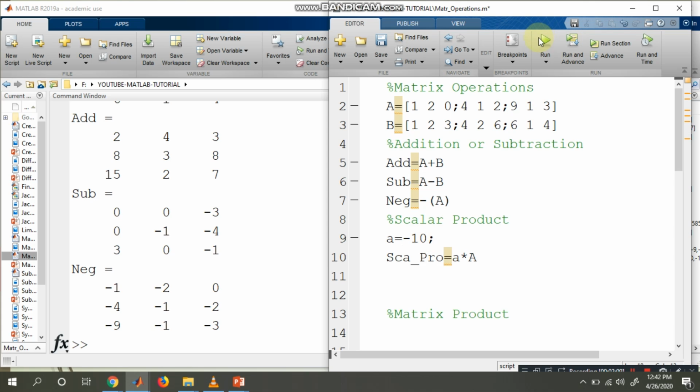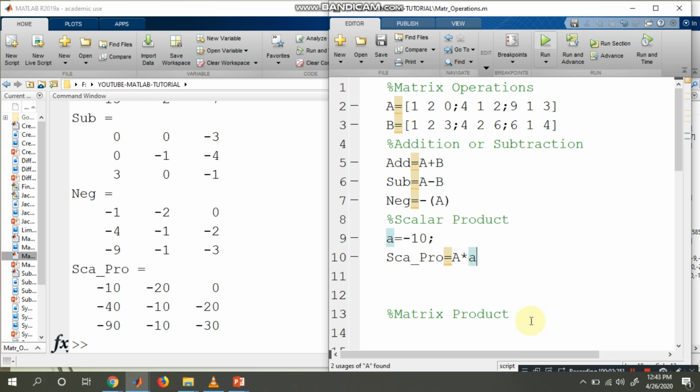See what you will get. Capital A is the matrix, and small a is a scalar value. Now see what the scalar product is. You can take first the capital A and next the small a, both are similar. You can take either order, so here also you will get the same.